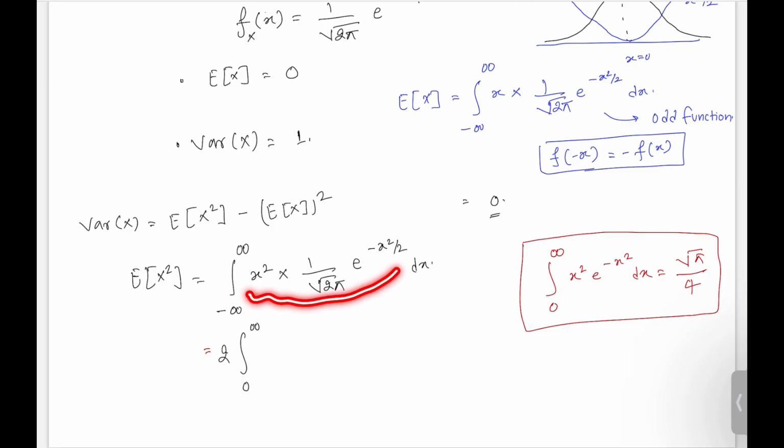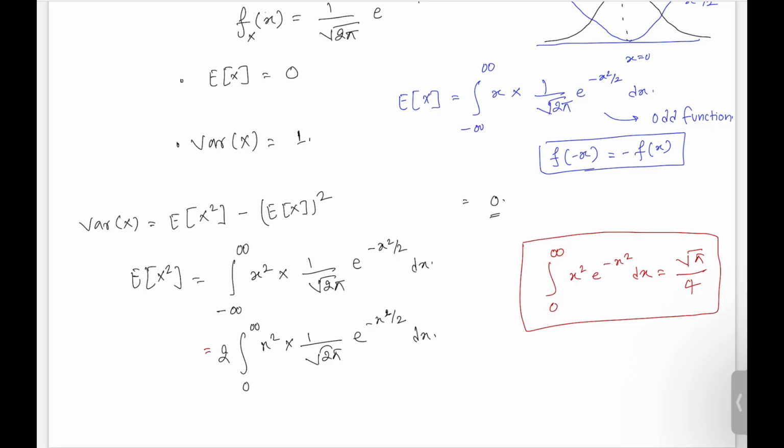So overall this function is an even function, so we can integrate it from 0 to infinity, and the total integration will be 2 times the integral from 0 to infinity of x square times 1 divided by root 2 pi e to the power minus x square divided by 2 dx. So we have achieved this, right?